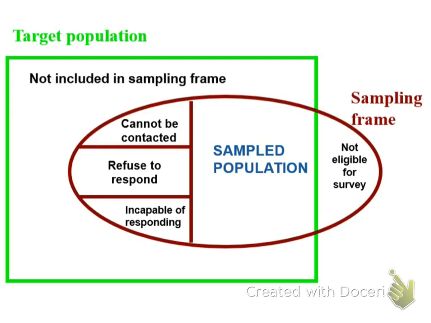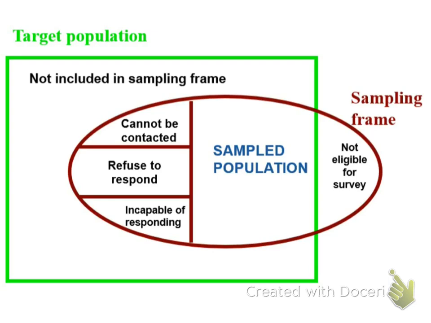So if I want to get information about the school cafeteria, my target population would be all the students and all the staff, and any visitors that might be coming into the school and purchasing food from the school cafeteria, and they are who I would like to gather information from about their experiences.